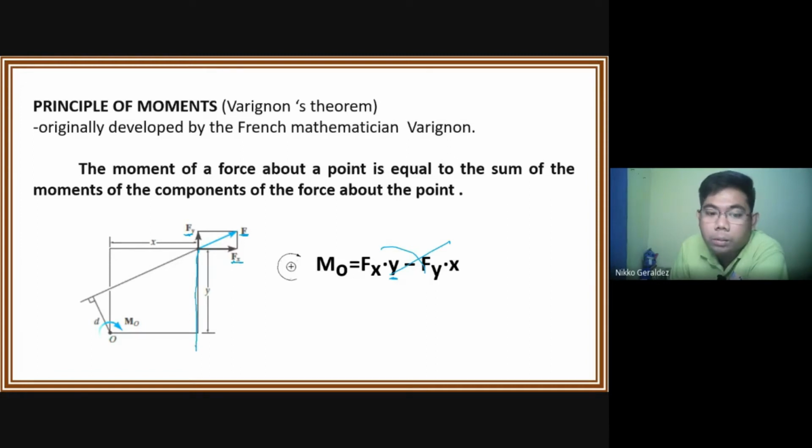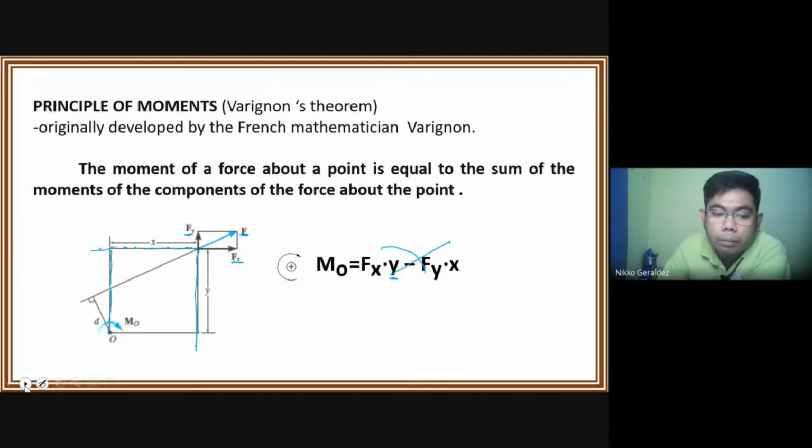Kunin mo lang yung distance from point O hanggang dun sa line of action ng Fy. Ganun din sa x component. Extend mo lang yung line of action ng x component, then perpendicular distance niya is y. Ganun lang yung principle of moments.